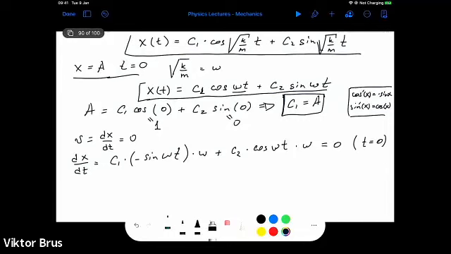So let us put t equal to 0. Then here we will have sine of 0, and here will be cosine of 0. So sine of 0 is 0, and cosine of 0 will be unity.